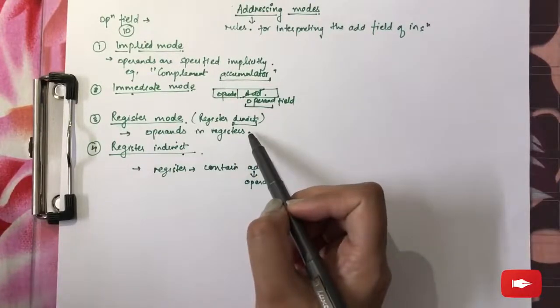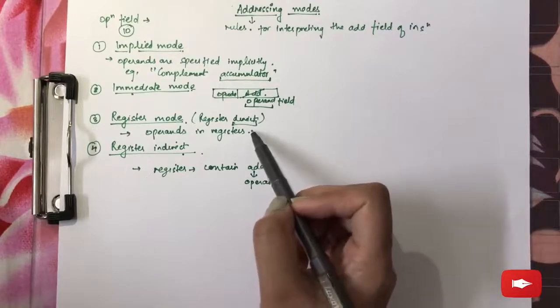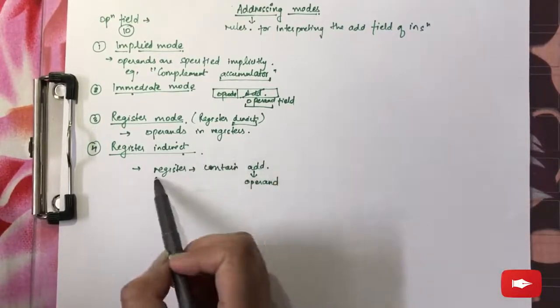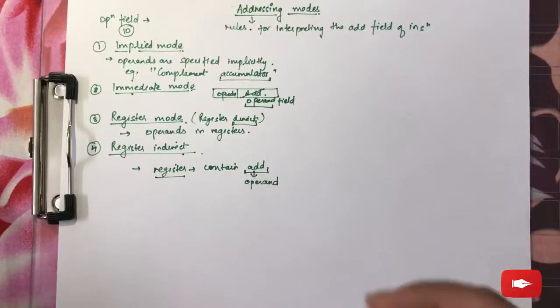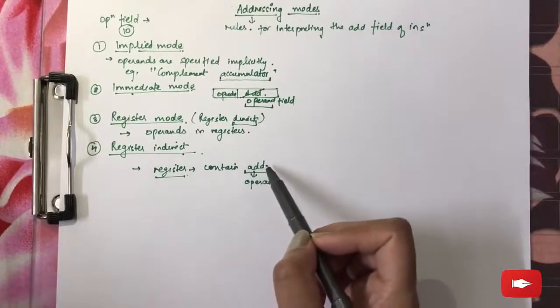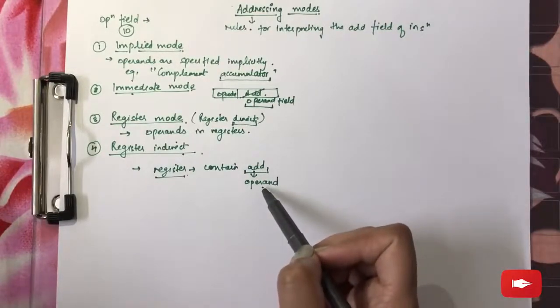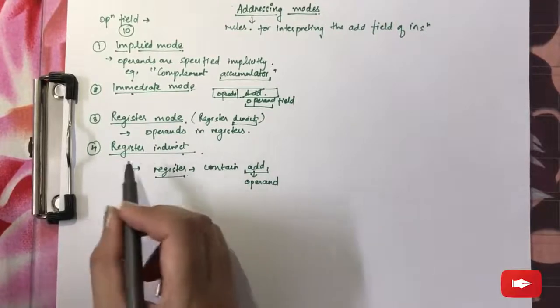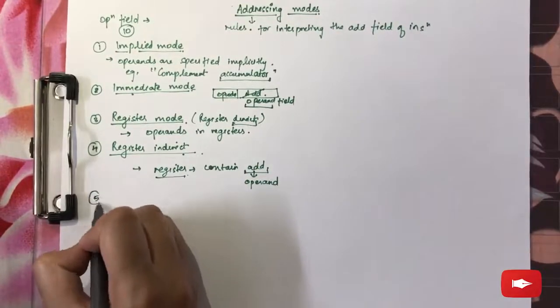The register in the direct mode will contain the operand itself, whereas in the indirect mode, that register is going to contain an address, which can also be referred to as the effective address. I hope you remember what is effective address. Effective address is that address which contains the operand. So here the register will contain the address, and that address will refer to the operand. Hence it is known as register indirect mode.